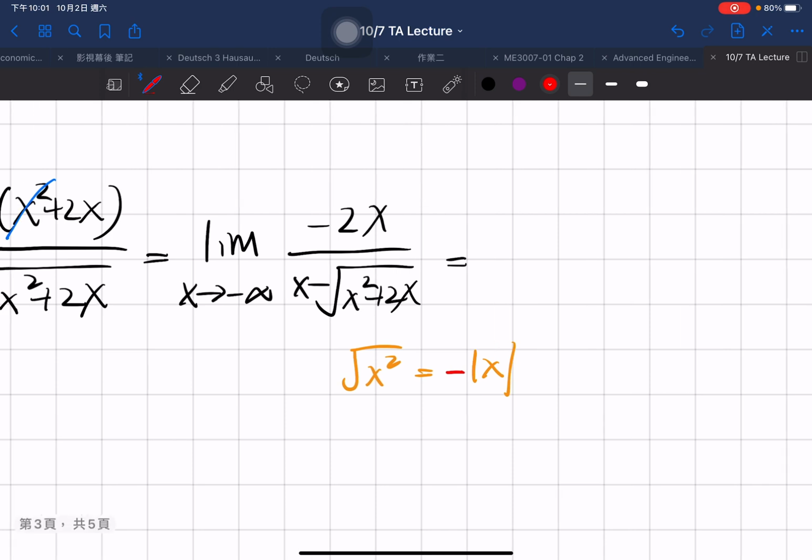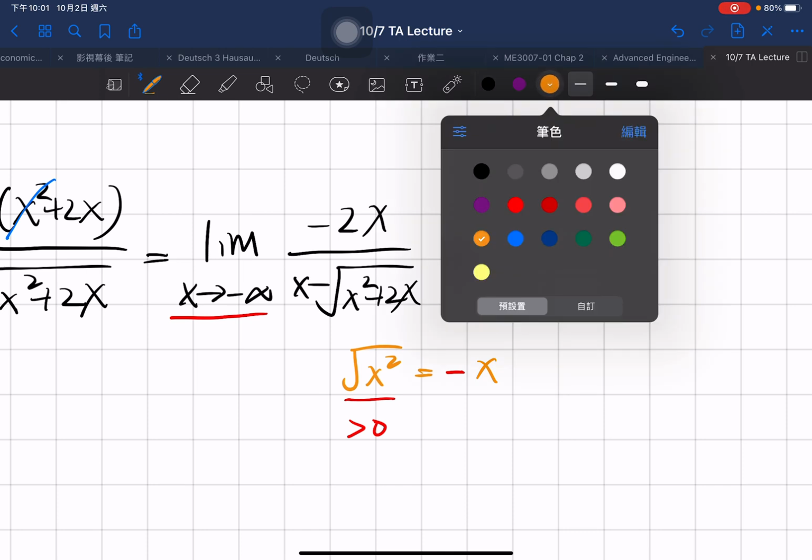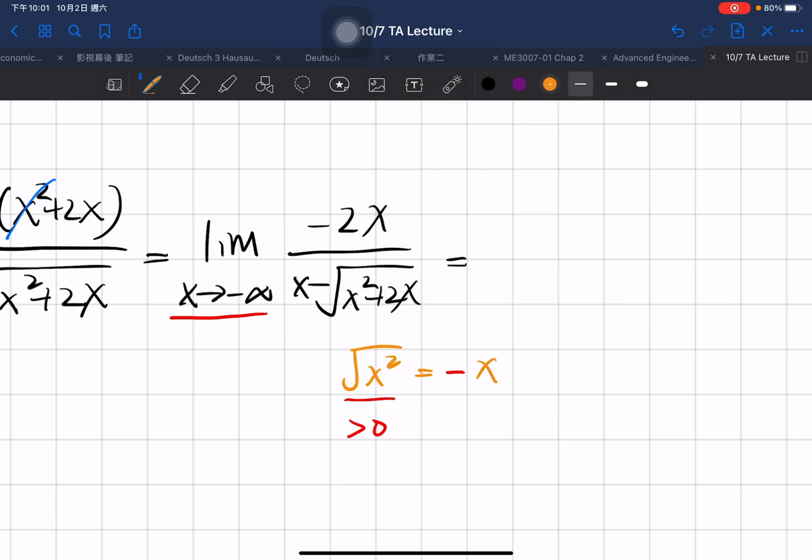Because your x is smaller than 0, so the absolute value is greater than 0. Everything coming out from the square root is greater than 0, but you actually have minus x, not the absolute value of x, okay? Because your x is smaller than 0, you need to add a minus sign here. So make sure that you notice this one.